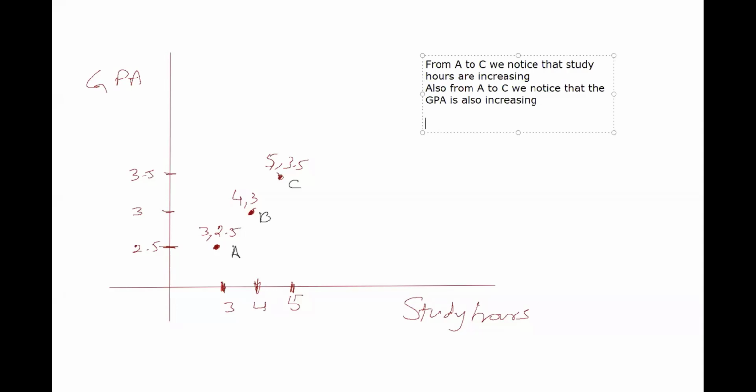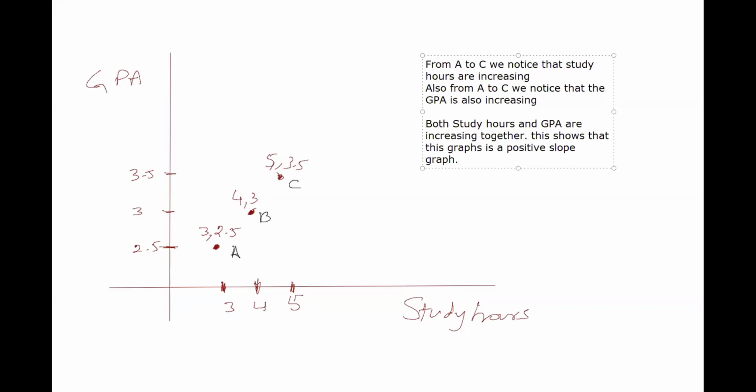Since both study hours and GPA are increasing together, this shows that this graph is a positive slope graph.